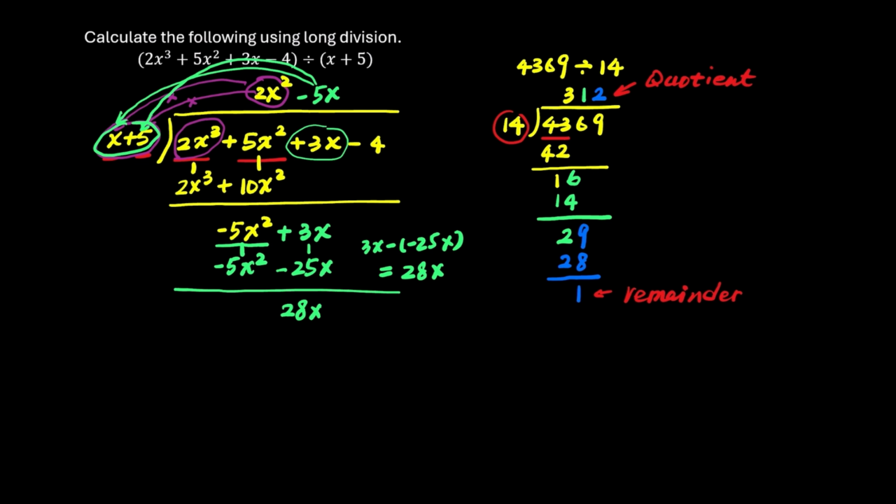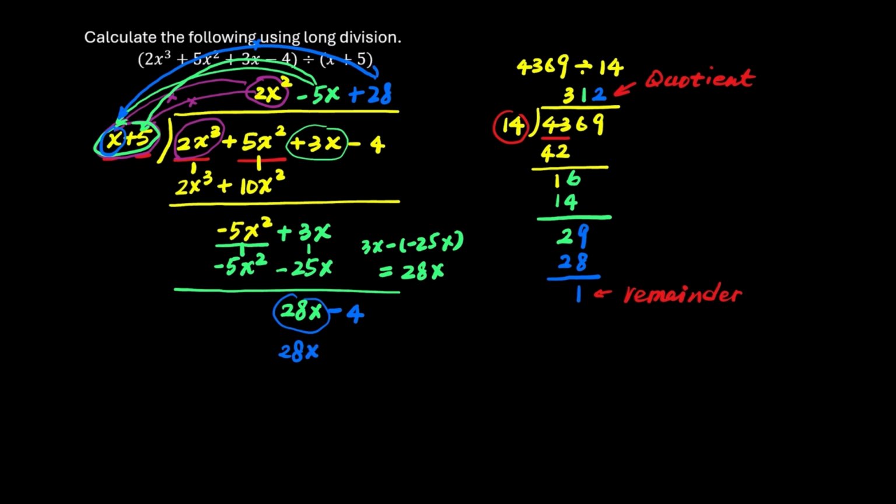Now let's finish the polynomials. We bring down the last term, which is minus 4. Now we look at our current leading term, which is 28x. To get 28x, we need to multiply this x by 28. So we need 28 here. So we multiply 28 to this x. We have 28x.